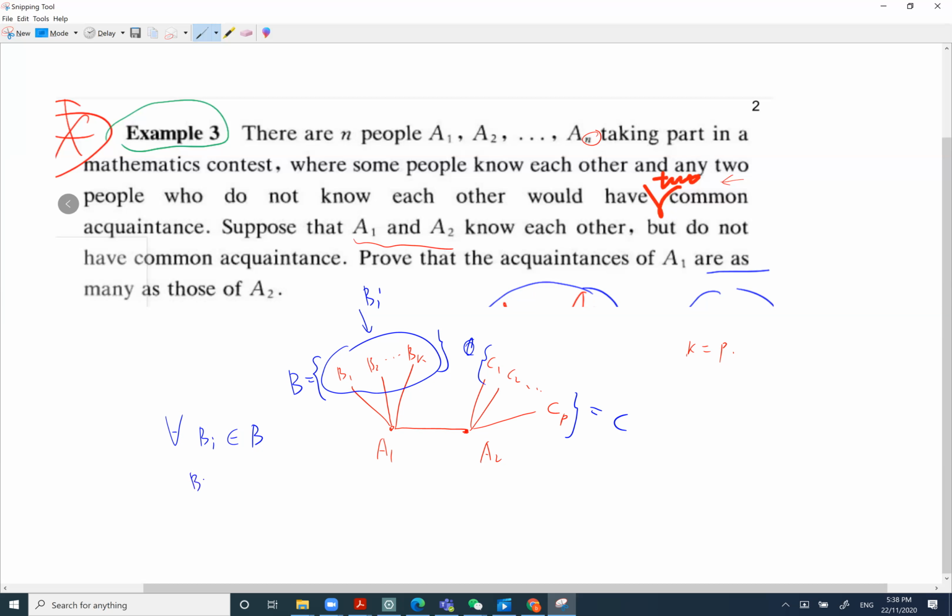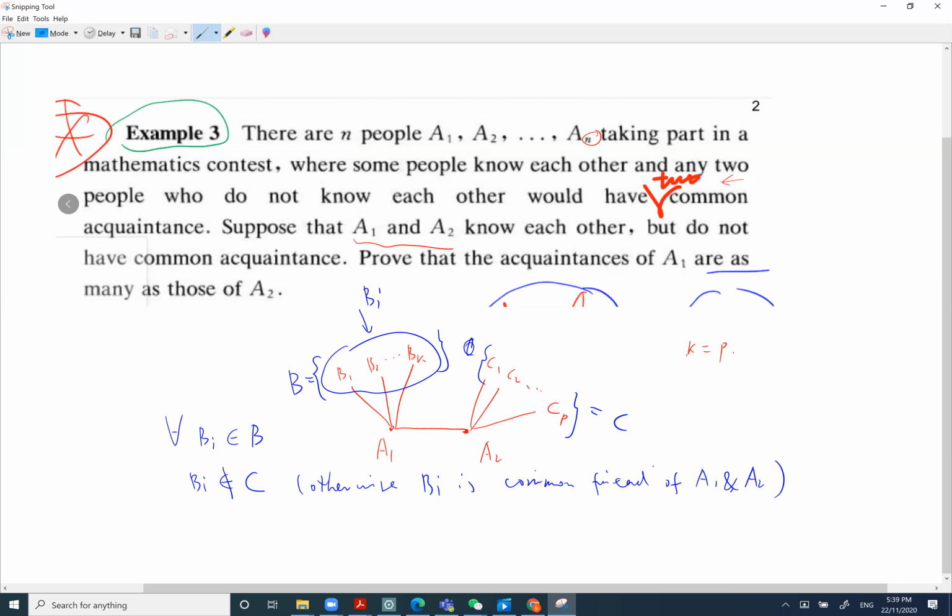So BI is not in C. Otherwise, BI would be a common friend of A1 and A2. They told you there's no common friend of A1 and A2. So BI is not in C.